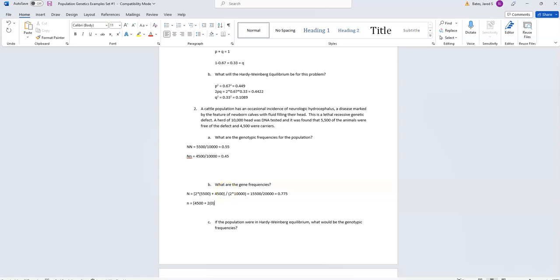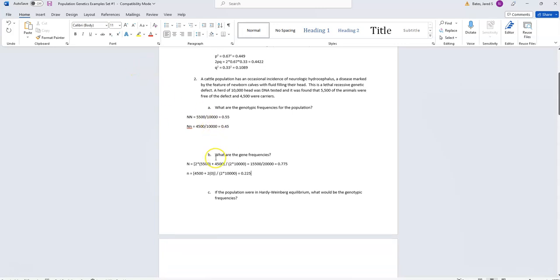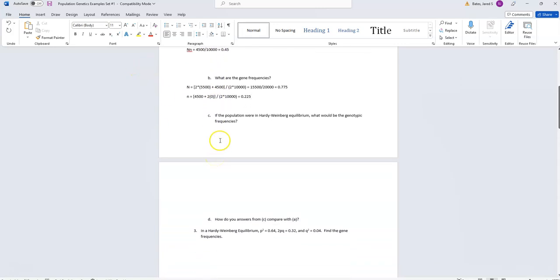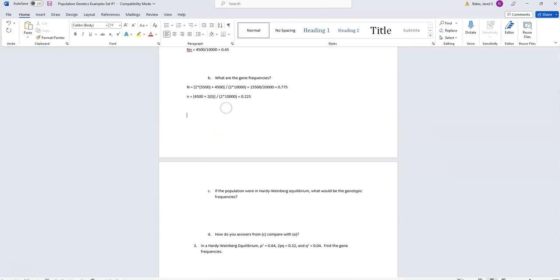And divide that by 2 times 10,000, and you should get 0.225. So 4,500 divided by 20,000. If the population were in Hardy-Weinberg equilibrium, what would be the genotypic frequencies?